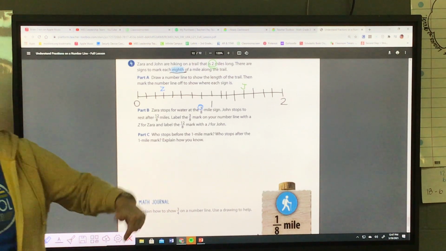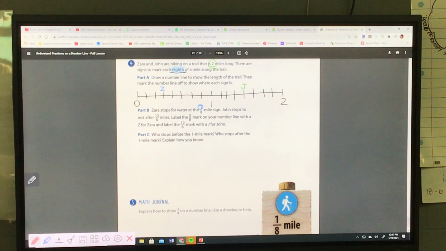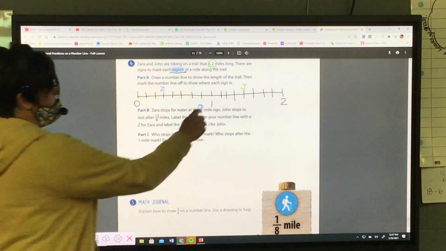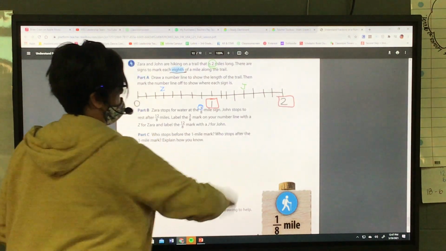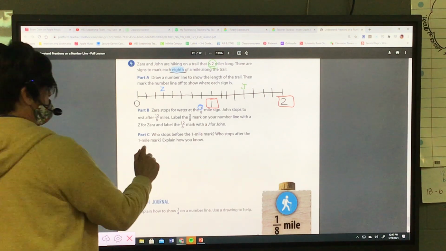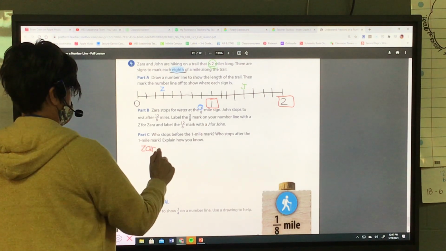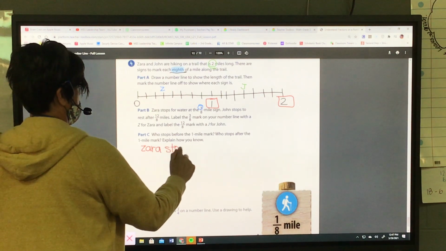Okay, now part C. Who stops before the 1 mile mark? So friends, here's the 1 mile mark, and here's the 2 mile mark. Okay, so who stops before the 1 mile mark? Zara. We'll just say Zara stops before 1 mile.